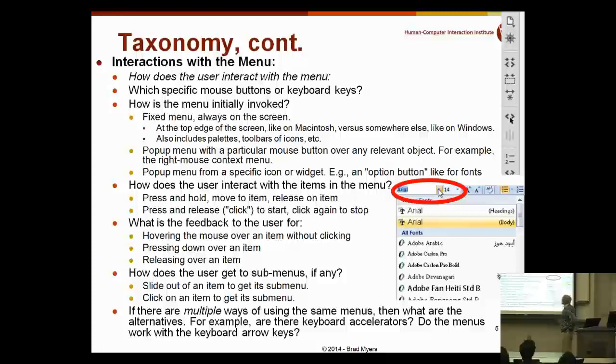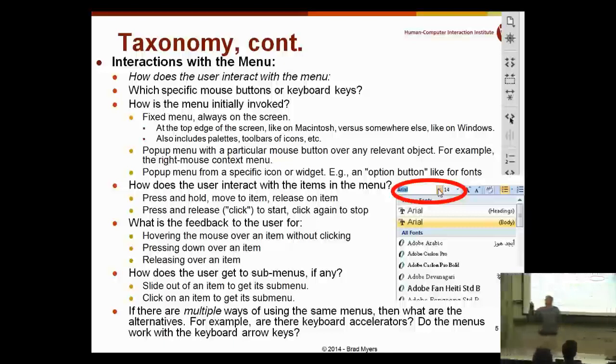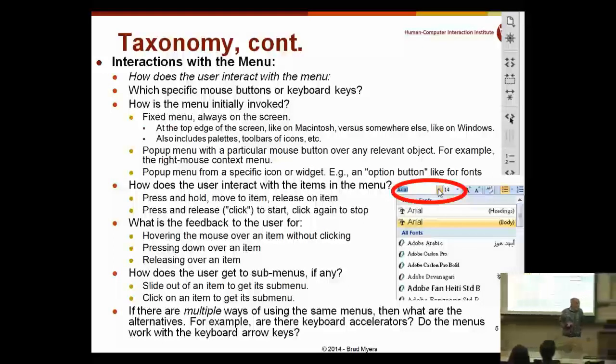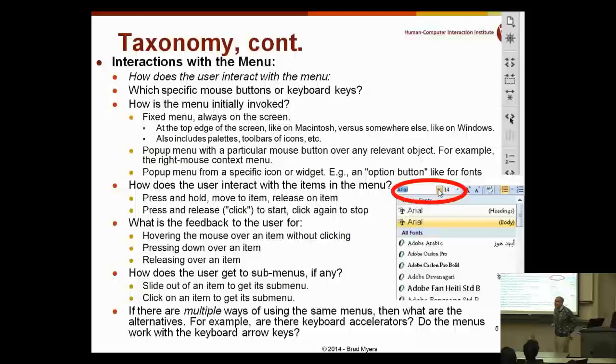So then the next question is, how do you interact with items in the menu after the menu has been invoked? Most menus you can press, hold, and move amongst the items and then release. There are other kinds of mechanisms where you can't move from item to item. Okay, so that's another choice.